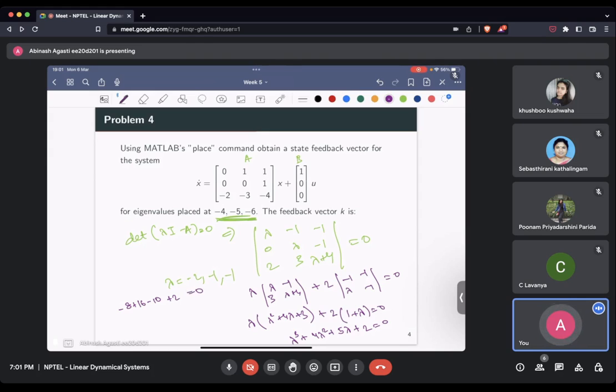Yeah, so minus 2 is the solution, correct? That means I can decompose this as lambda square plus, so what do I get here? Plus 1, is it? So I'll have lambda cube plus 4 lambda square.